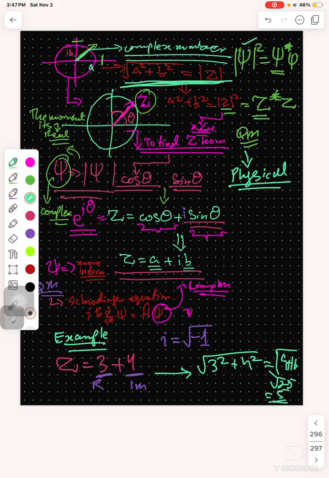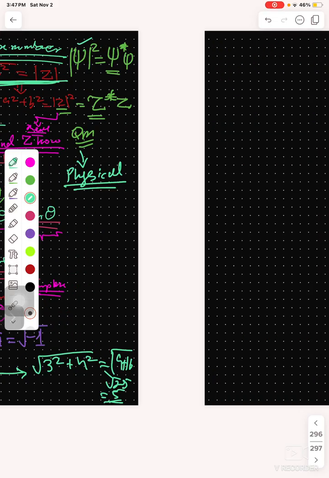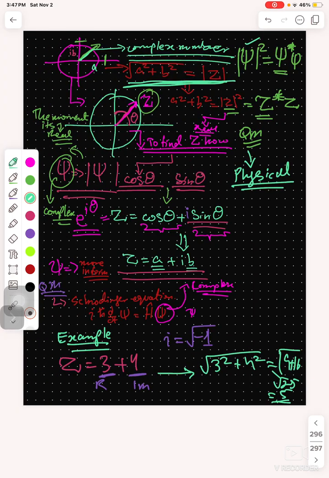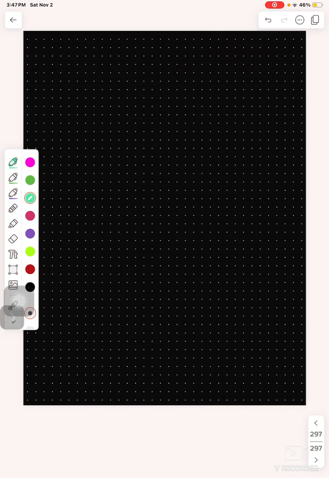That's our magnitude of z. In quantum mechanics, such complex numbers are used because amplitude and phase are important parts of quantum mechanics.